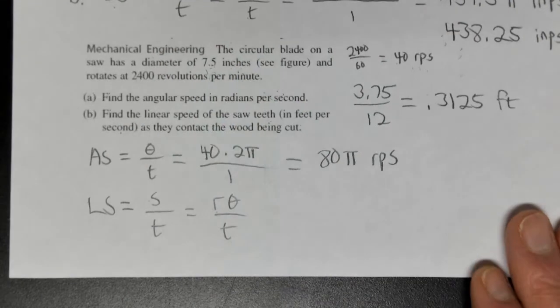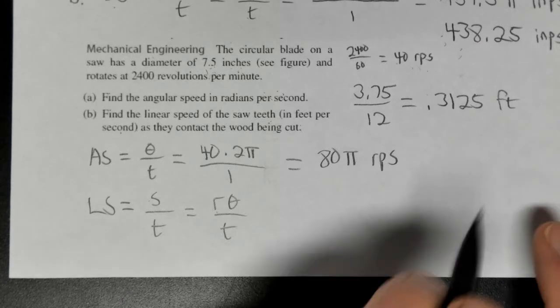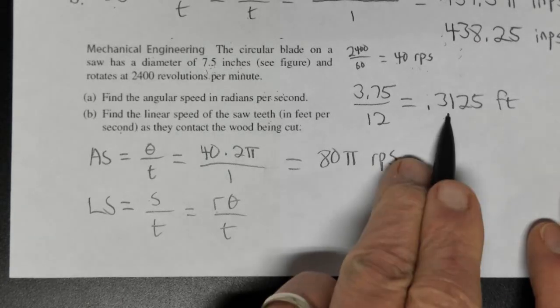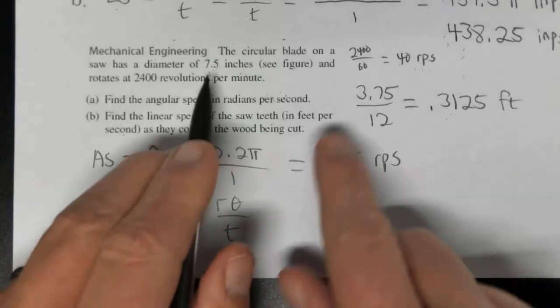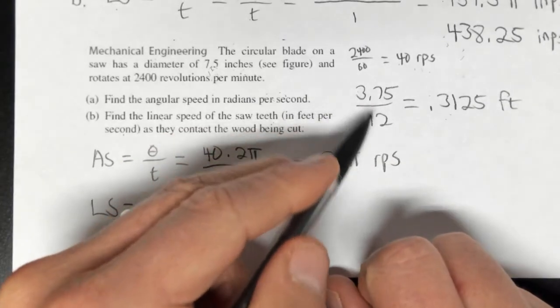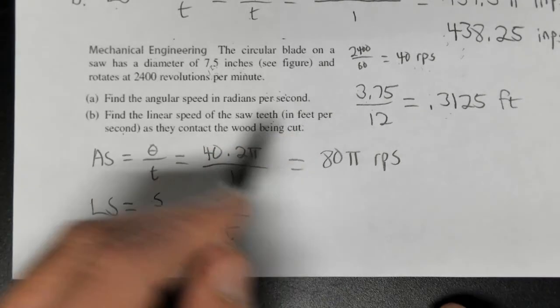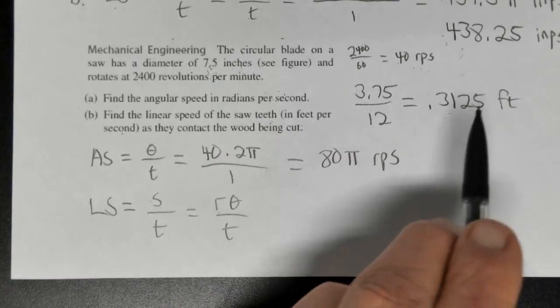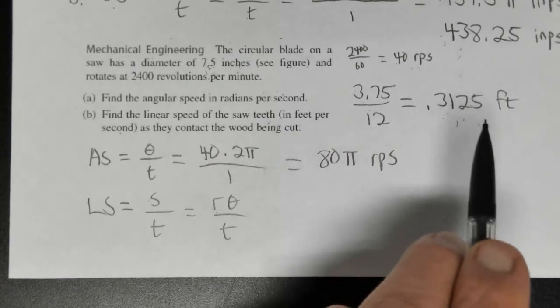All right, so now I've got the radius in feet. First of all, I had to cut it in half because it was diameter to radius. Then I had to take the radius and divide it by 12 to turn inches into feet. So this is what I'm going to use for the radius.